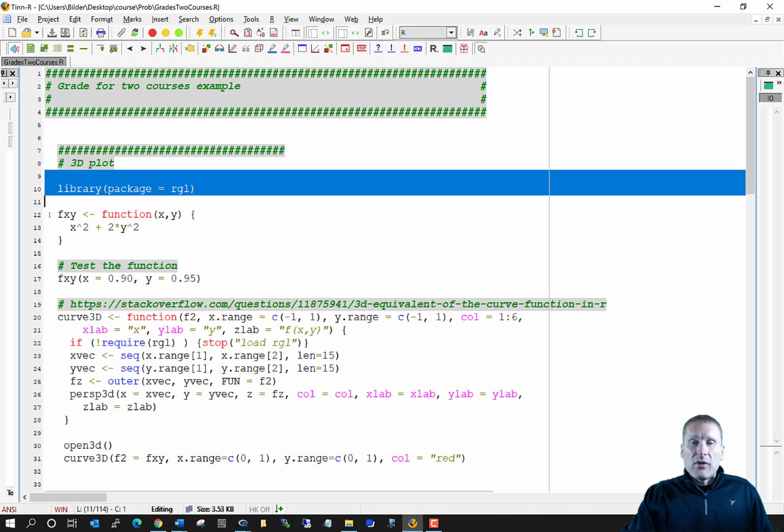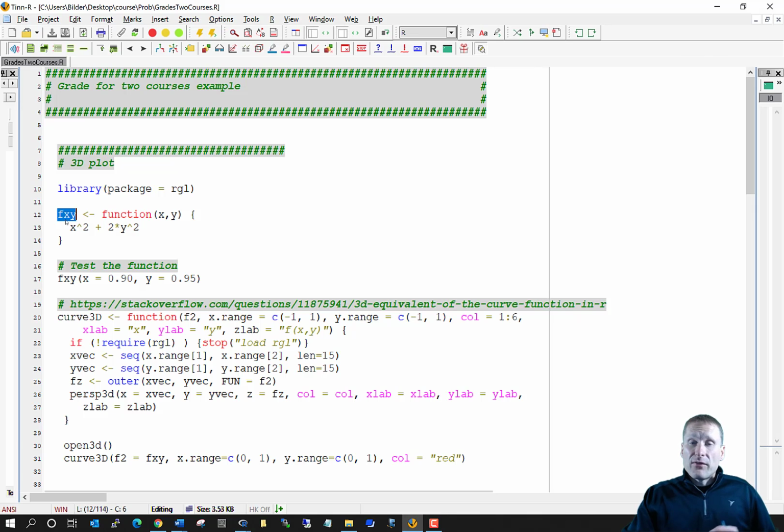Now, for the actual function that I want to plot, my PDF, I'm going to create a function in R to represent it. So it's going to be fxy, for the lack of a better name. The function has 2 arguments to it, x and y. And then inside the squiggly brackets there, I put what f of x, y actually represents.